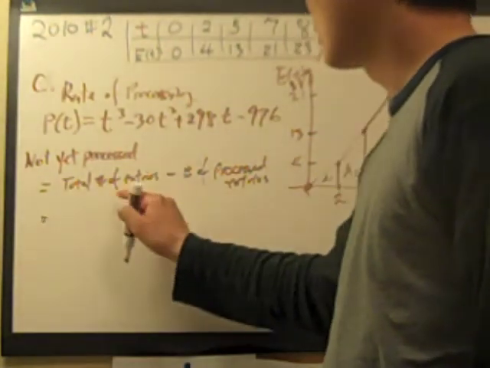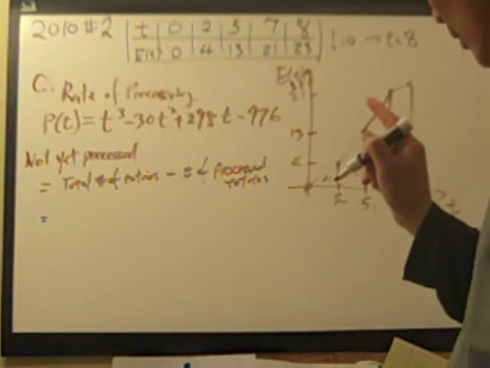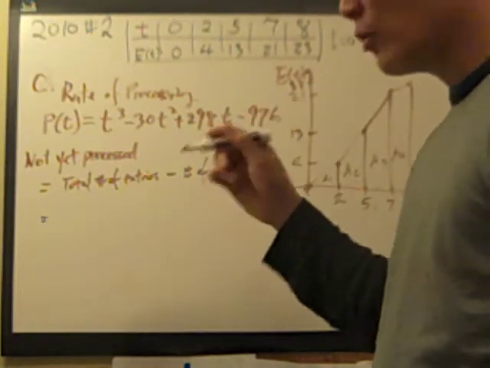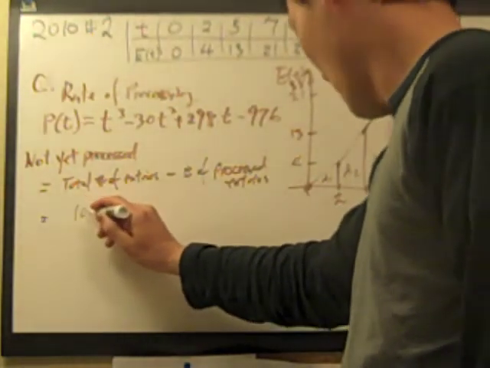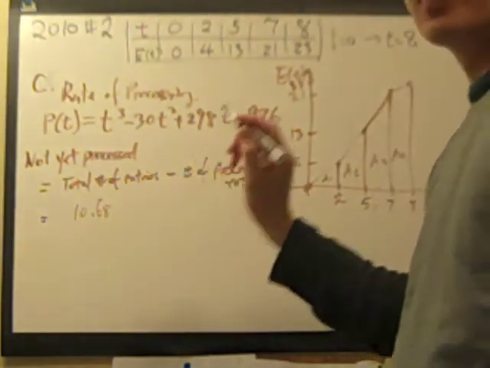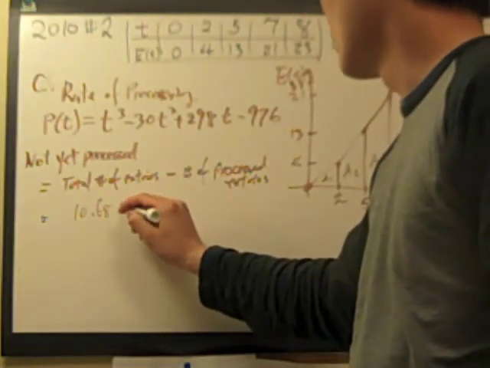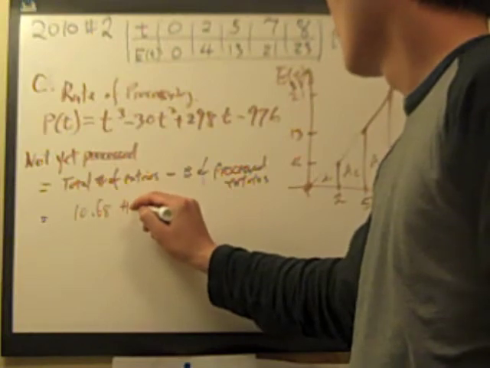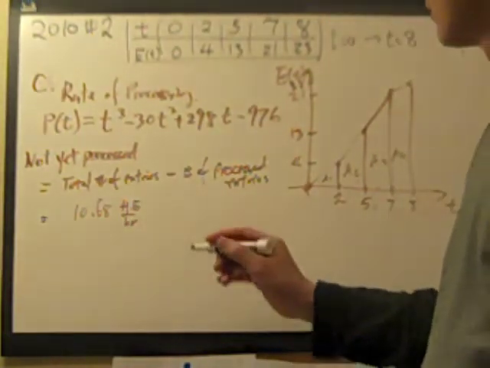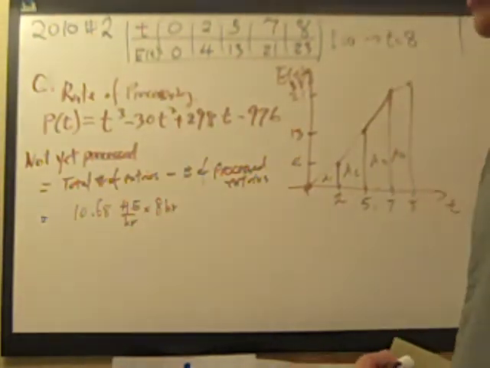Well, you remember, part B says that we have entered 10.68 hundreds of entries per hour, right? I'm just going to use this. Hundreds of entries per hour. For how many hours? Well, for 8 hours.